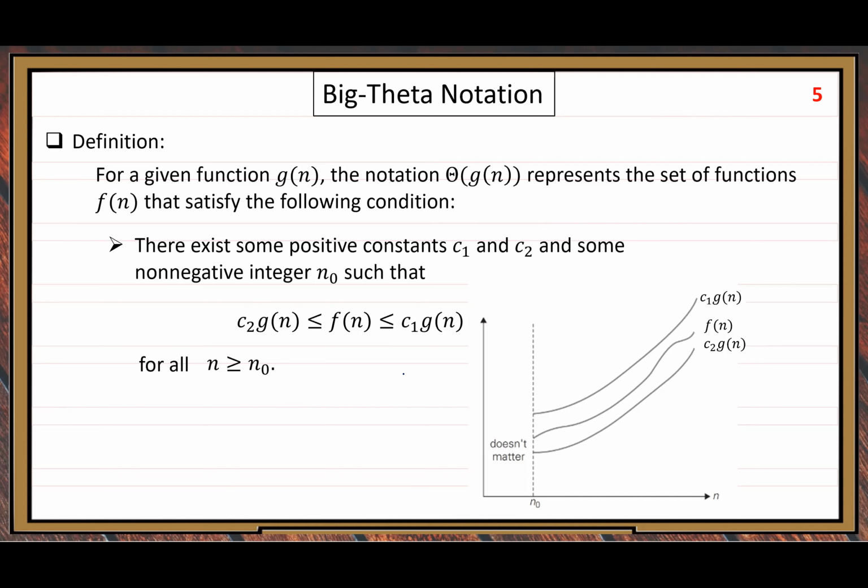The other 3 we do not use much. Later in our discussions, we mainly use these 2. So not too hard. Big O, we have upper bound. Big theta, we have both bounds, lower and upper.